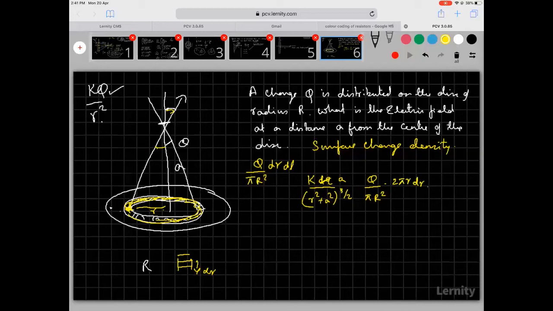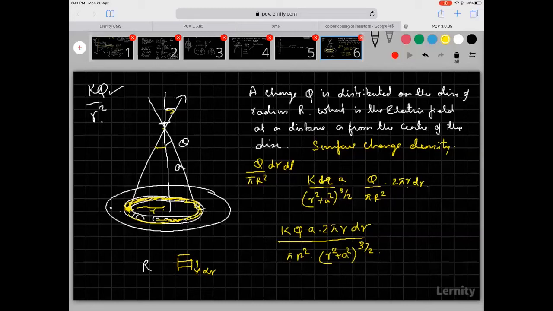So when I now work it out, the electric field at this point because of this ring is equal to K. This is Q, this is A, 2 pi R. So A into 2 pi R dr divided by pi R squared into r squared plus a squared power 3 by 2.